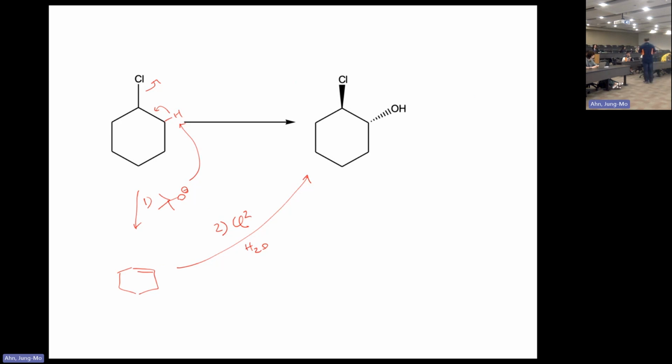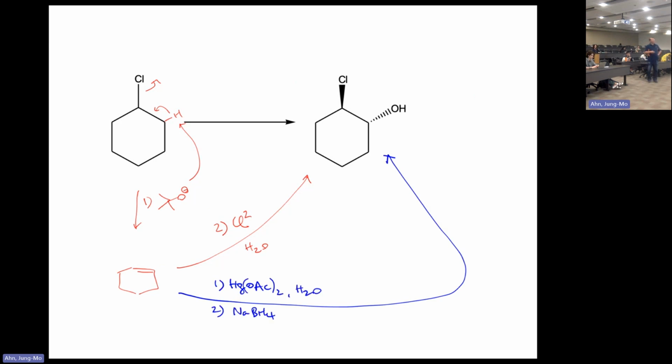But sometimes people forget about the chlorine here. They just think, oh, there's an OH, so it's a hydration reaction. So sometimes some answers say, I'll just do oxymercuration-demercuration to make this happen. Is it right? It is not right. That will produce an OH, but it won't have a chlorine here.